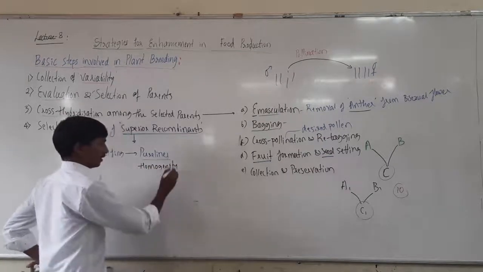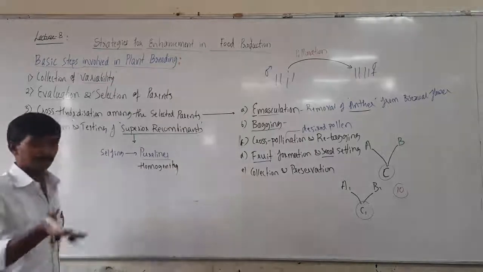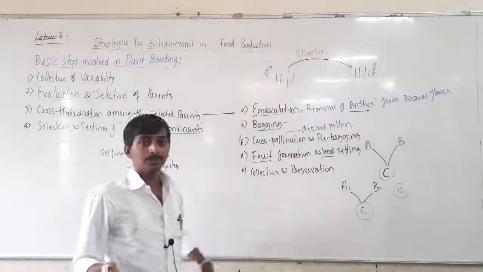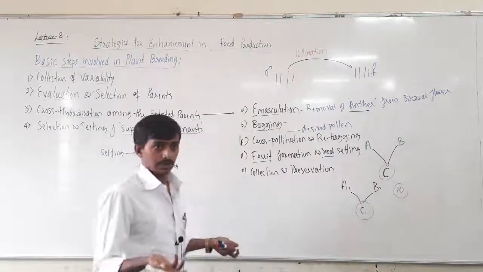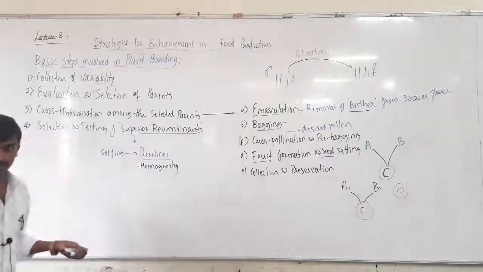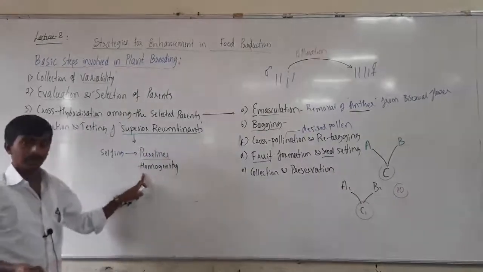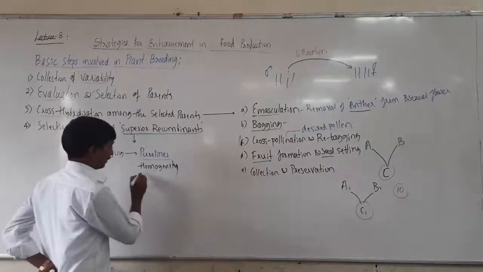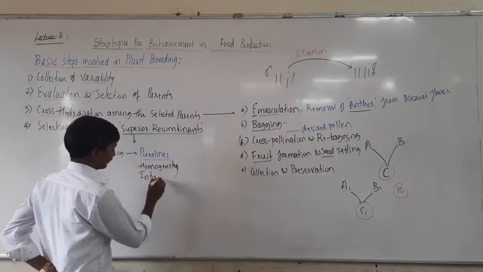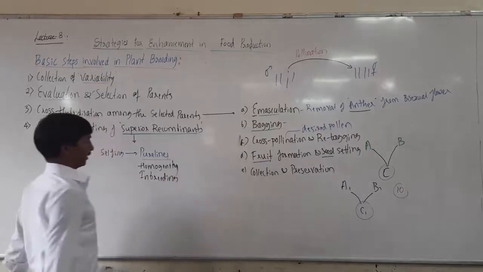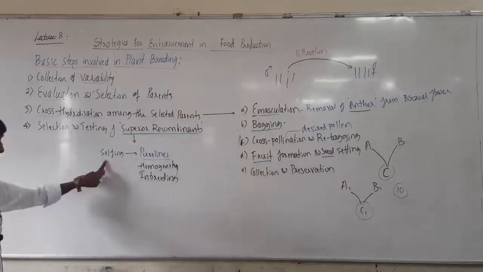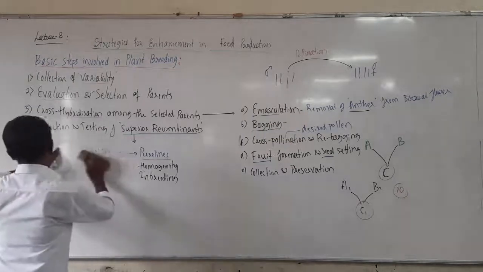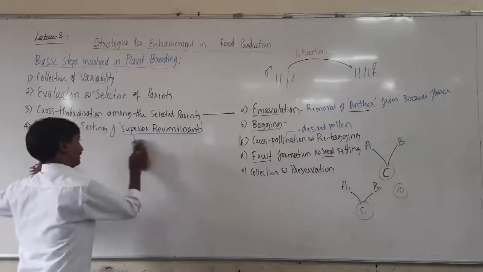Homogeneity means all the characters are the same as those of the parents. When there is cross pollination, there may be mixing of characters, but when there is self pollination, there will be no mixing of the characters. Hence, the plants will be homogeneous. It is also called inbreeding.